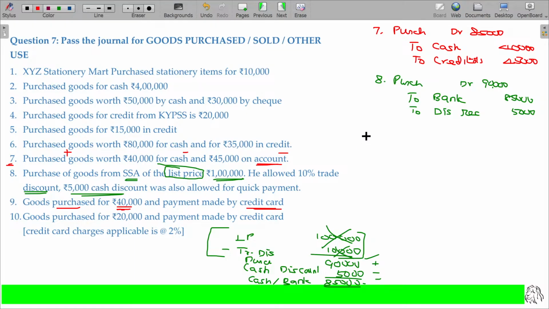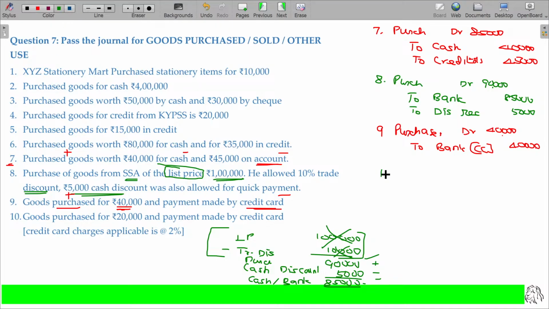Goods purchased, ninth one. Goods plus item, credit card minus item. Purchase account debit to credit card or simply bank account. Routed through credit card, 40,000 rupees.